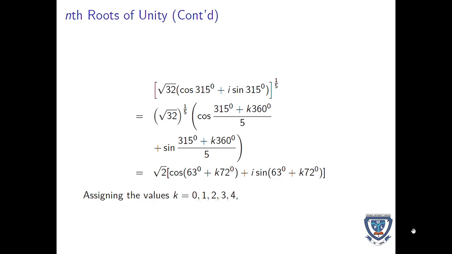When you do a proper simplification, you're going to have square root of 2 (cos (63 degrees plus k 72 degrees) plus i sine (63 degrees plus k 72 degrees)). Assigning the values k going from 0 to 4, since you're on the fifth root, so you start with 0 to 4.